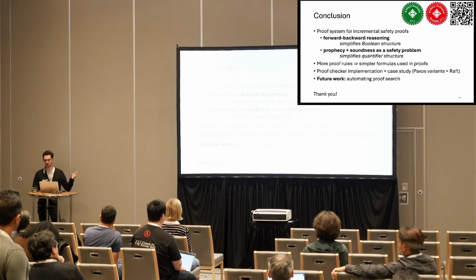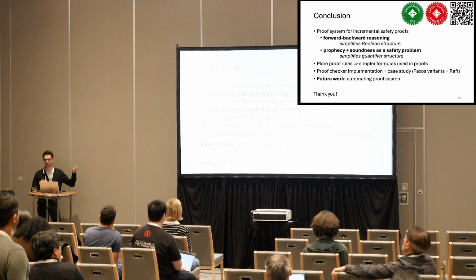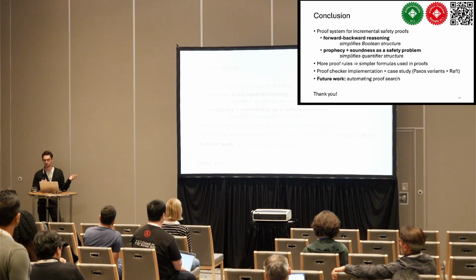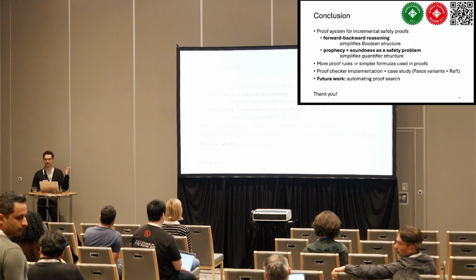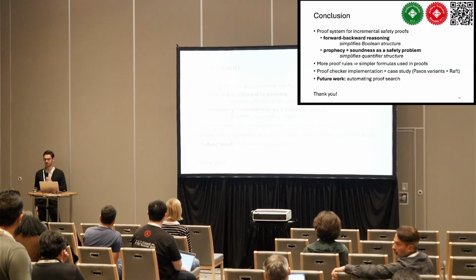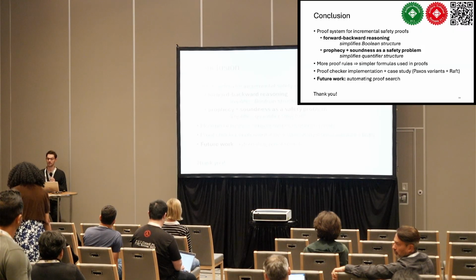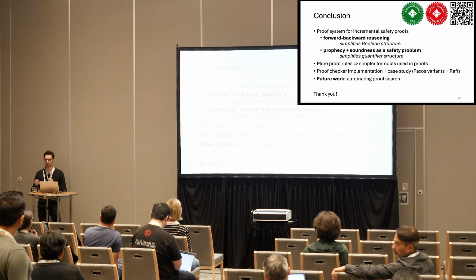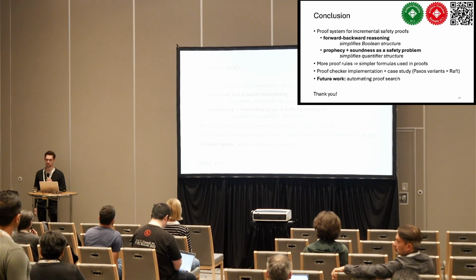But this is the only requirement. So maybe this witness is in the first step, or maybe it's in the 100th step. But all we prove is that on every error trace there is this witness. So it can happen at any point in the trace. Yeah. So it looks very different from the usual ones. Yes, it has similarities and differences. I think that it's not a generalization, but it has intersections with other notions of prophecy. Yes. Thank you.